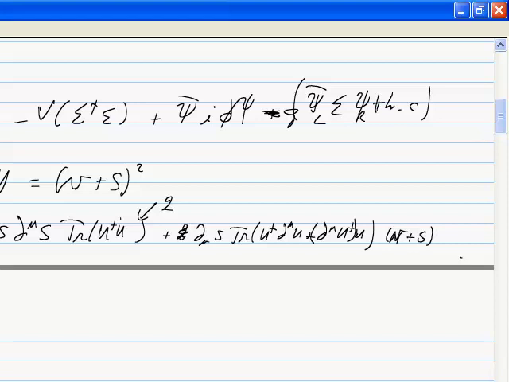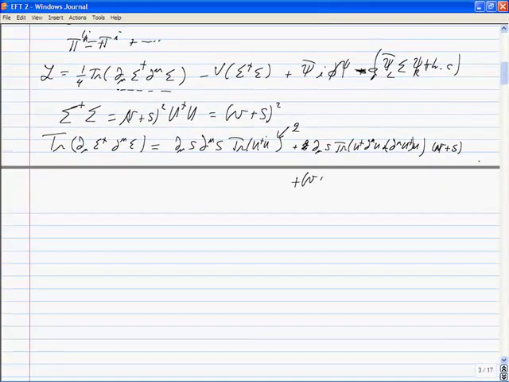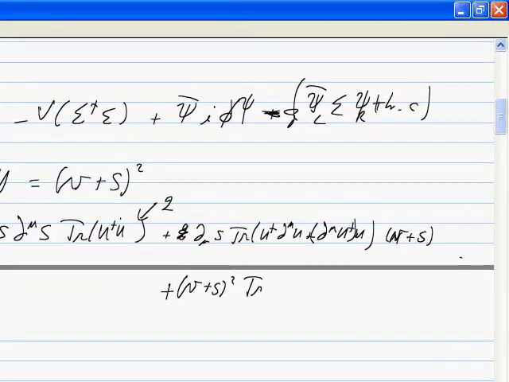Okay. And then there's the V plus S squared trace d mu U dagger d mu U. Okay. So this first term is trivial.